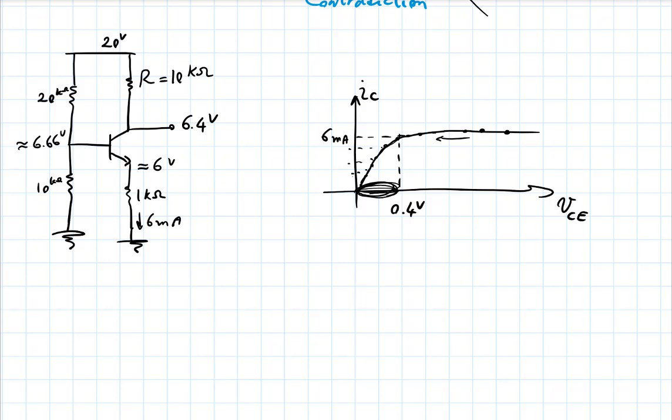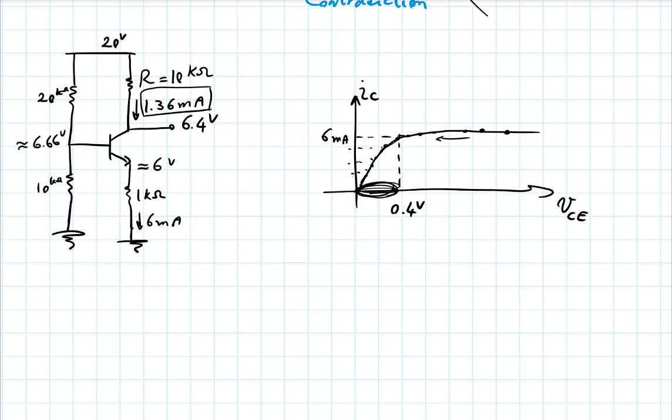Now, what is this current? If I know that voltage, 20 minus 6.4, that's 13.6 volts drop across the 10 kilo ohm.